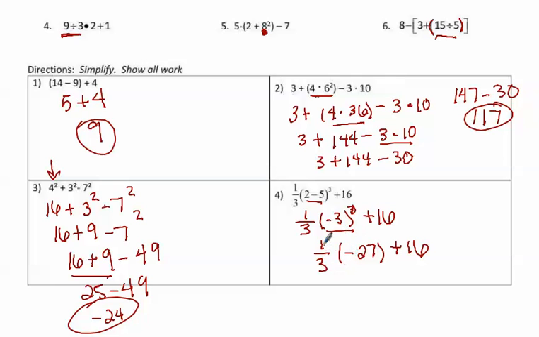Multiply and divide. It's right here. 1/3 times negative 27 is the same as saying negative 27 divided by 3 is negative 9 plus 16, which is a positive 7. If it helps, during each one of these problems, write GEMDAS out to the side and mark it out as you go.